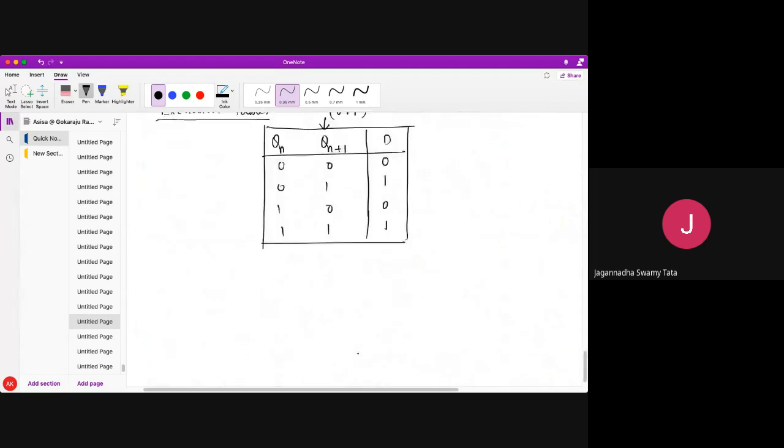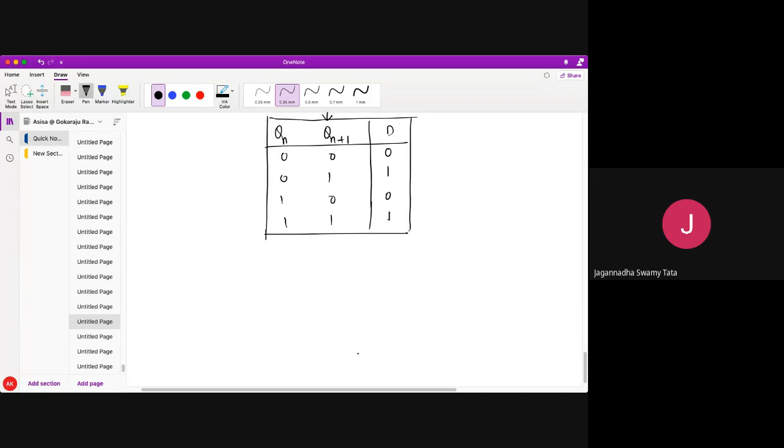So for that, what will be the columns of the excitation table?